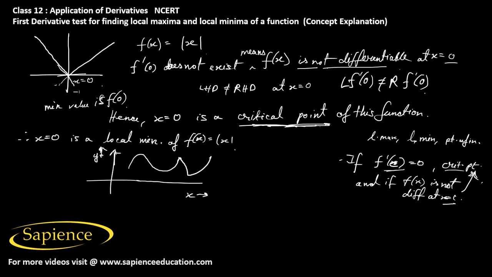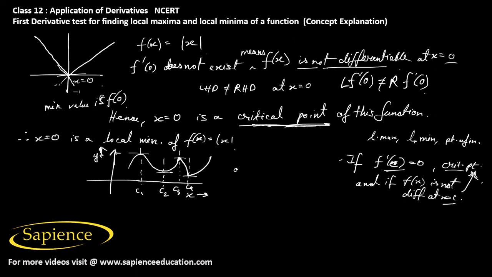So the points where there is a sharp edge, where there is some kink, at those points the slopes on either side are not the same. So at those points the function is not differentiable. Here, if we take this point as C3, this is C4, this point is C2, and this is C1, then all these 4 points are called critical points.